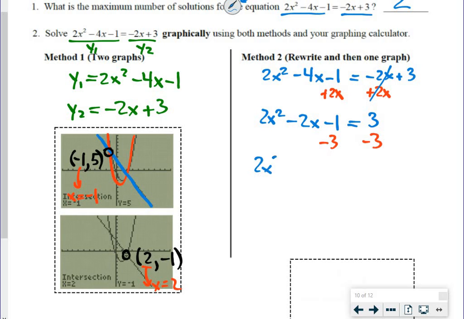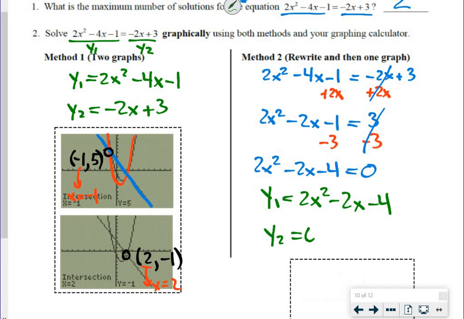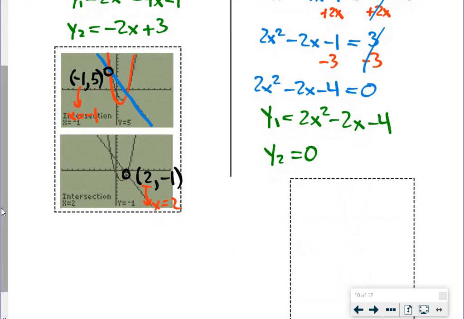So now we have 2x squared minus 2x minus 4 on the left, and 0 on the right, and now we're set. So what we do now is we put y1 equals 2x squared minus 2x minus 4, and connecting it to the other method, I guess you could put y2 equals 0 and then find the intersection points again. That's not necessary though, because what we're going to do in this case is just find the zeros.